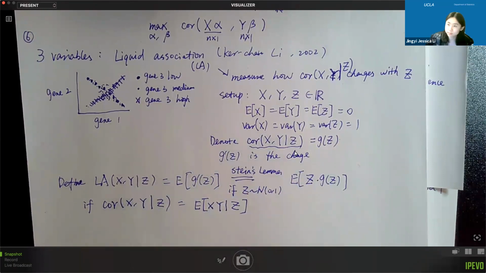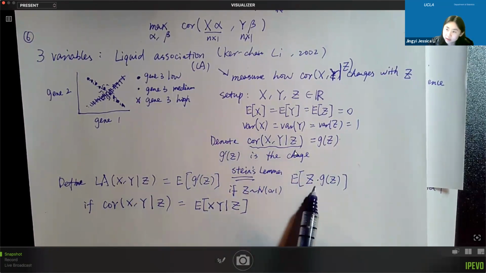Then this would hold by the same argument I gave you in the beginning for the alternating conditional expectation. So whenever this happens, something magical happens.